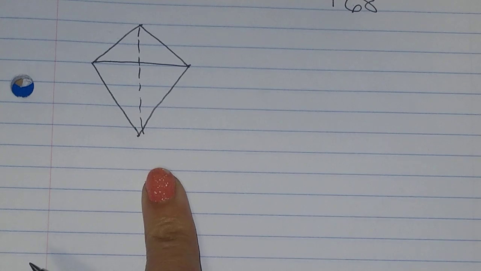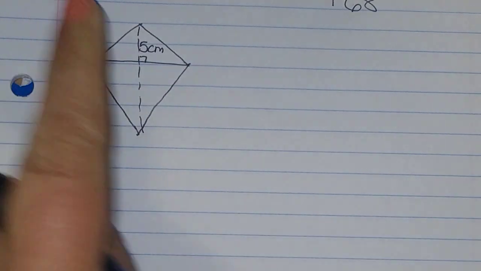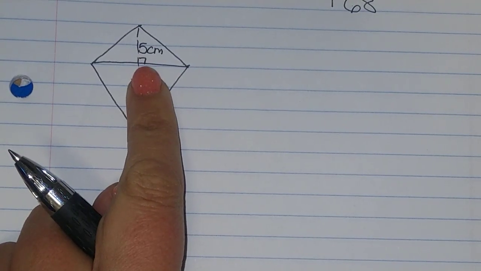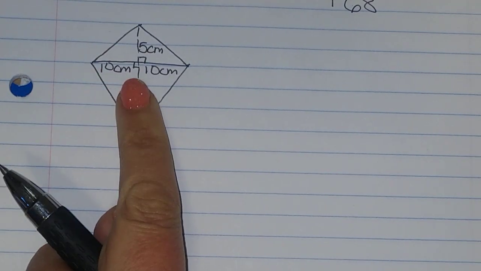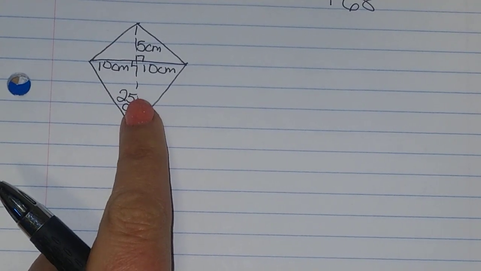Let's put some measurements in there. Let's say this is a height of 5 centimeters. You can tell that these are right triangles. This could be 10 centimeters, 10 centimeters, and a height here of 25 centimeters.